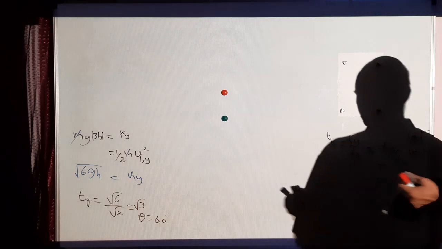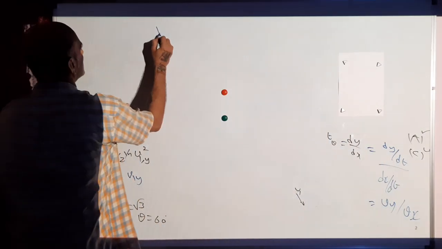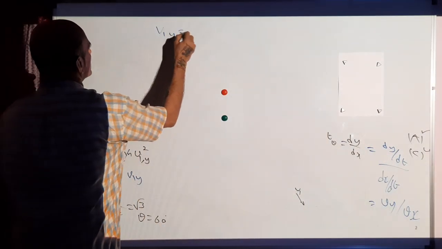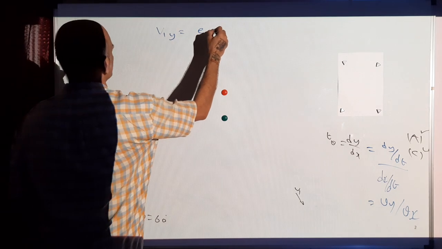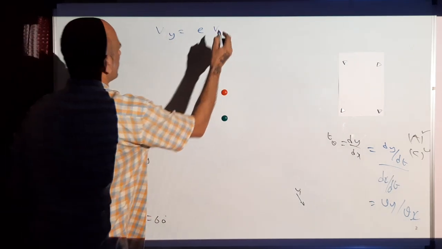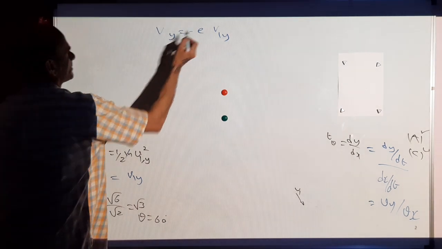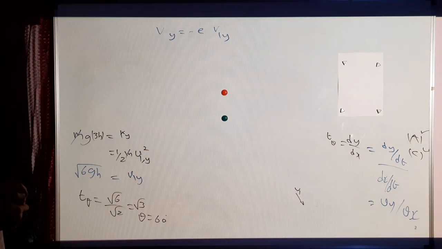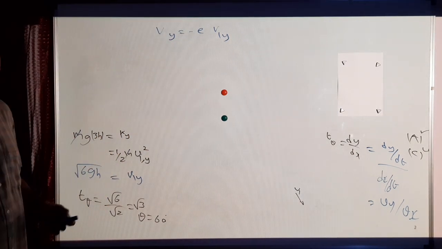After collision, the vertical component will be e times the velocity before collision. After collision it's vy, before collision it's v1y. Sign is there, but we just need the energy, so the magnitude is enough.